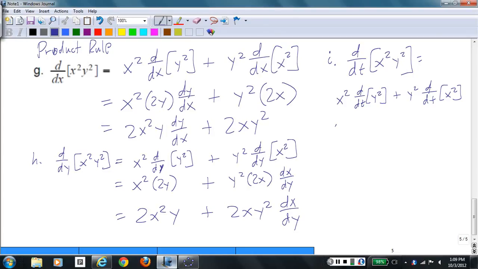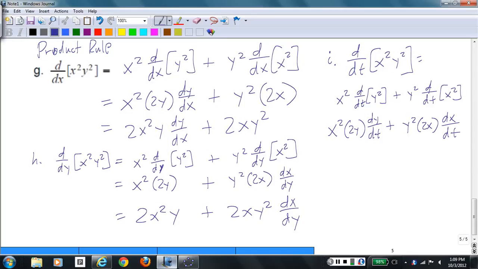So x squared times the derivative of y squared with respect to t is going to be 2y dy dt. And then y squared times the derivative of x squared with respect to t. It'll be 2x times the derivative of x with respect to t, and we write that dx dt.